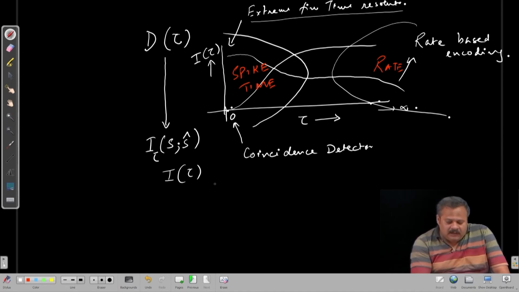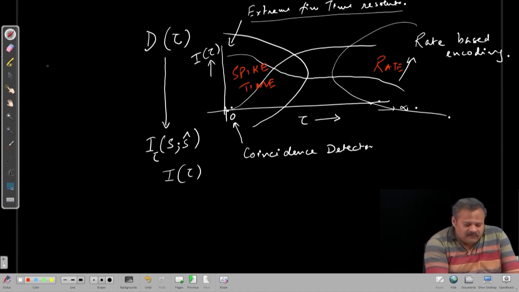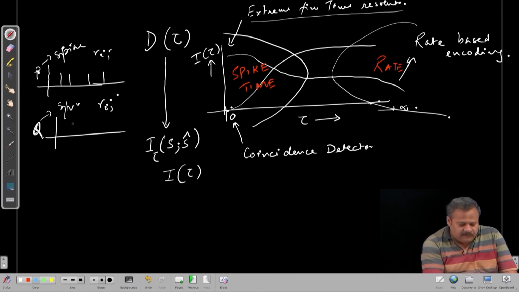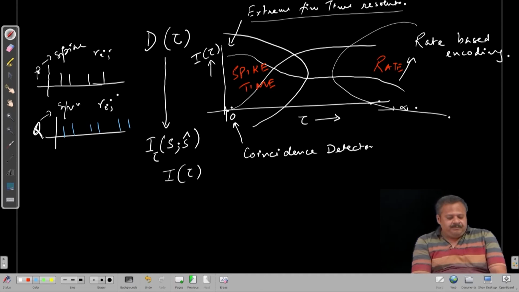If you do the calculation where we take tau goes to infinity, let us say there are p spikes in Rij and q spikes in Ri prime j prime. So let us say these are the p spikes, and in here we have q spikes.